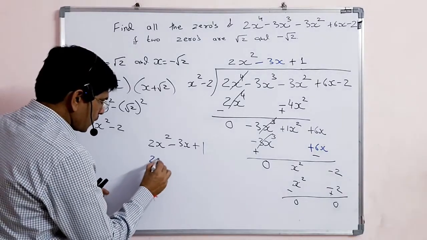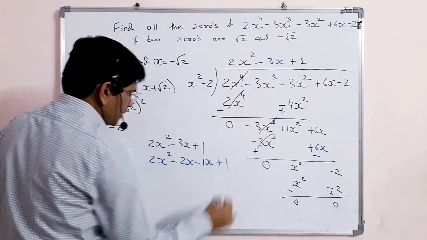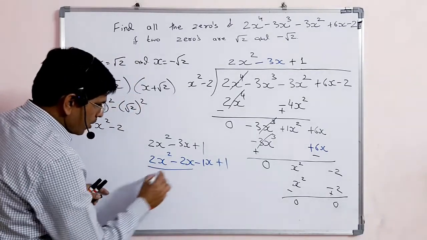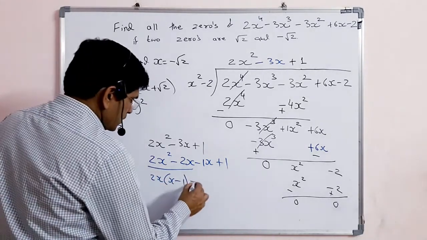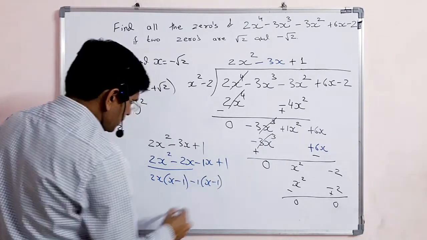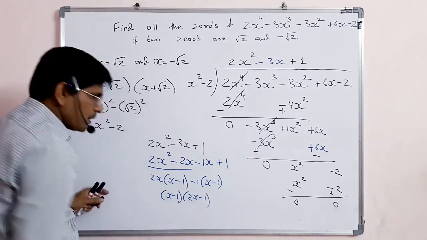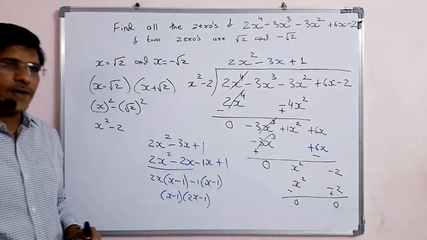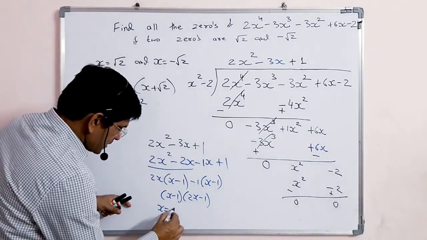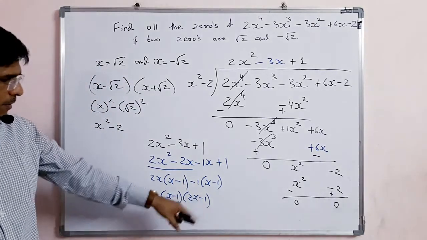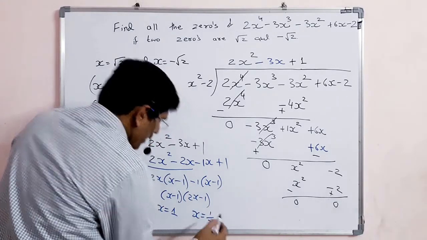So 2x squared minus 2x minus 1x plus 1. Now I take 2x common, so x minus 1, again minus 1 common, we get x minus 1. So x minus 1 and 2x minus 1 are the other two factors. Therefore x minus 1 gives x equal to 1, and 2x minus 1 gives x equal to 1 by 2.